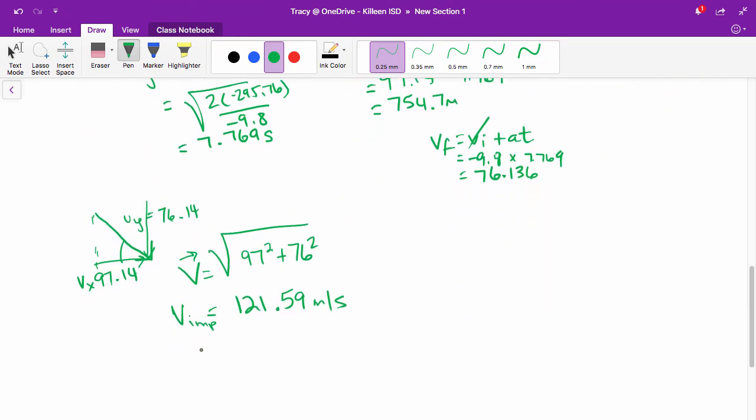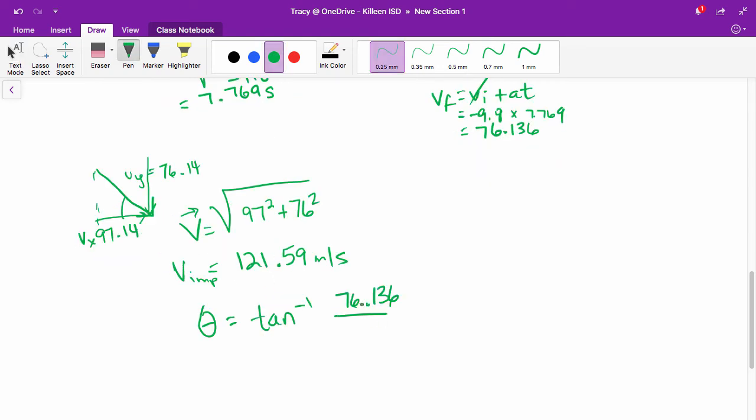The angle, theta, is equal to inverse tan of, the opposite is the Y portion, 76.136 over 97.14, because it's opposite, the Y portion, over adjacent, the X portion. And that ends up giving us an angle of 38.1 degrees.